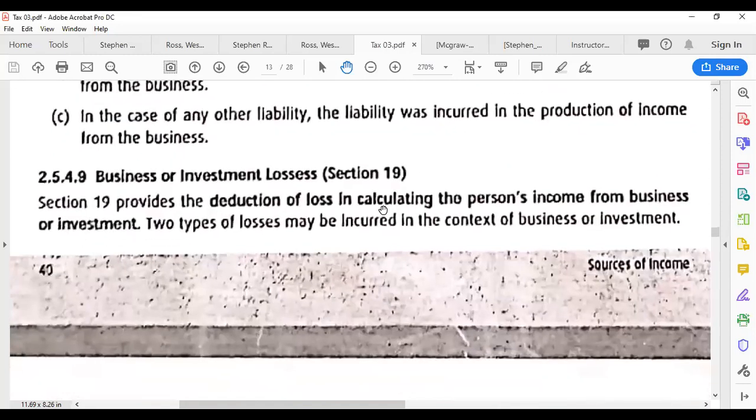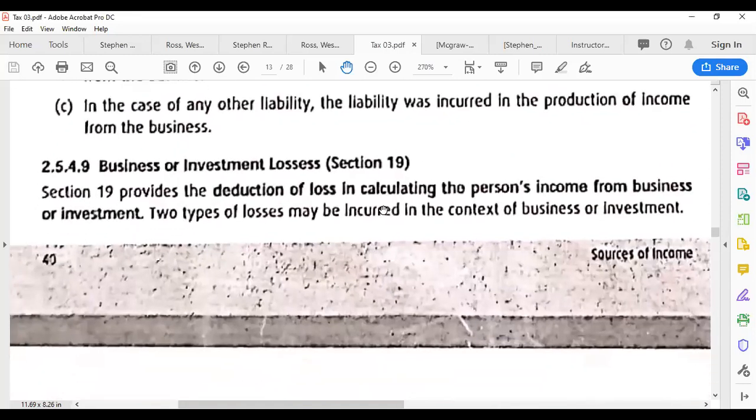And now we move to section 2.5.4.9, business or investment losses. When an individual or an entity, a person, earns income, they should pay tax on that income, right?